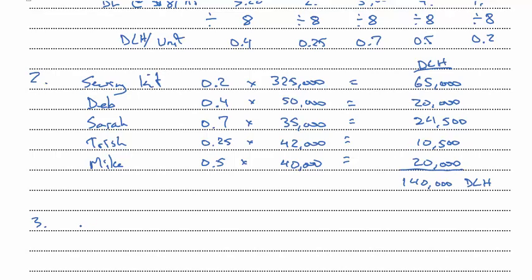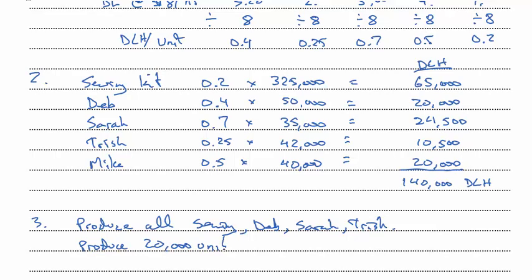Okay, so produce all sewing, Deb, Sarah, Trish, produce only 20,000 units. 10,000 direct labor hours of Mikes. Okay.